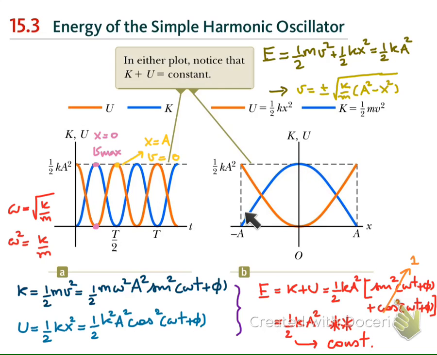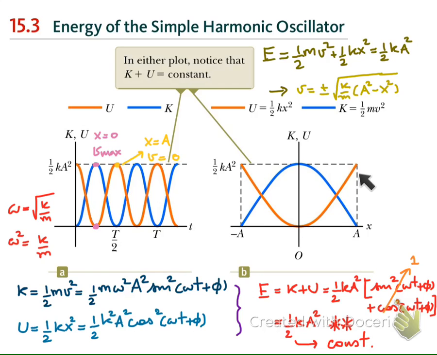This is reasonable. At the maximum displacement, x is equal to A and v is equal to 0, and the kinetic energy at this point and this point is 0. At the equilibrium point, where x is equal to 0, v has a maximum value, and this is the peak of the curve of the kinetic energy.